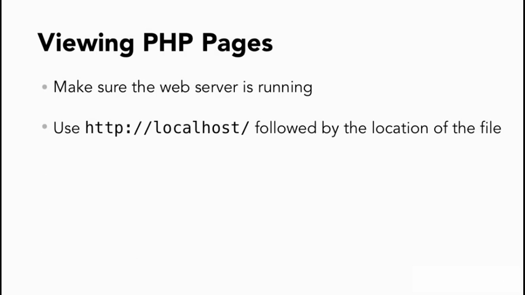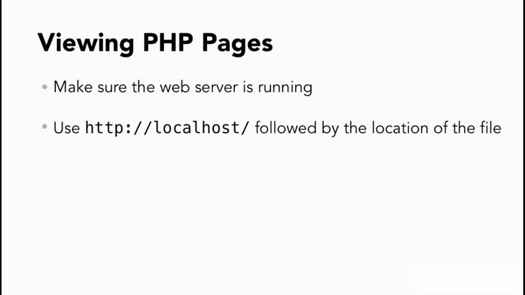To view a PHP page, make sure the web server in your testing environment is running. To display the file, enter the URL in the browser address bar. If you're using the server's root folder in a local testing environment, the URL is http://localhost, followed by the location of the file.